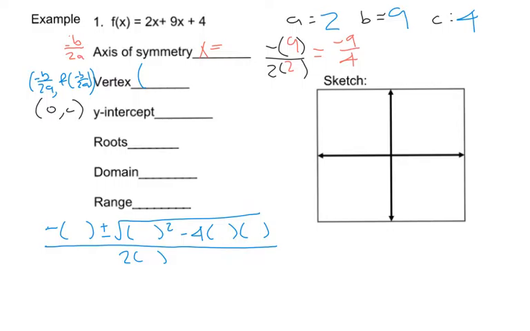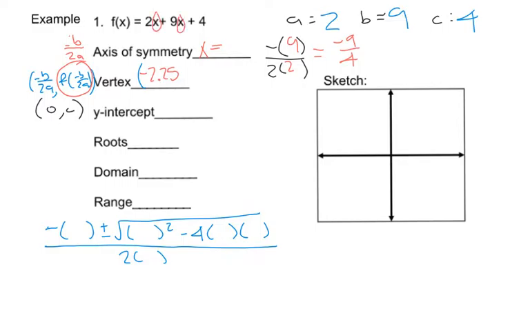It's a little bit easier to interpret. So it is negative 2.25. Now to find the other part, we have to do f of negative 2.25. So I'm going to plug it in where I see the x's here.